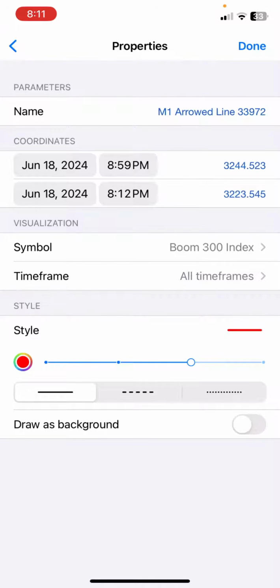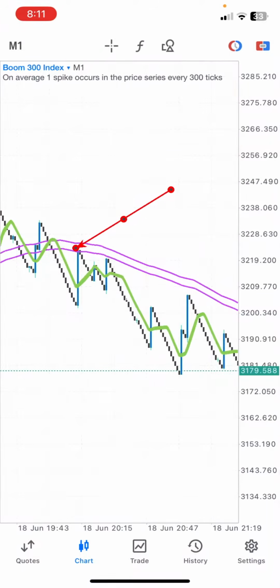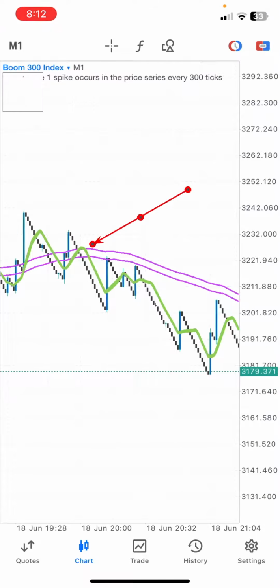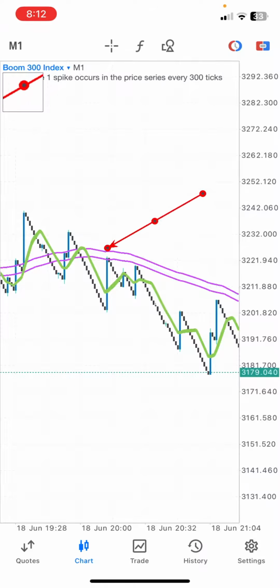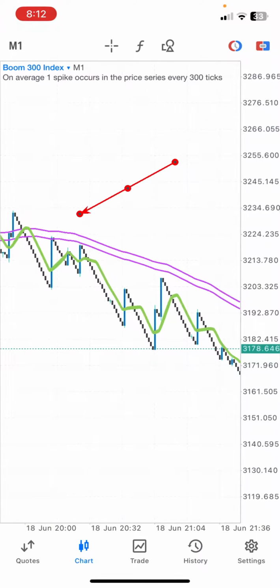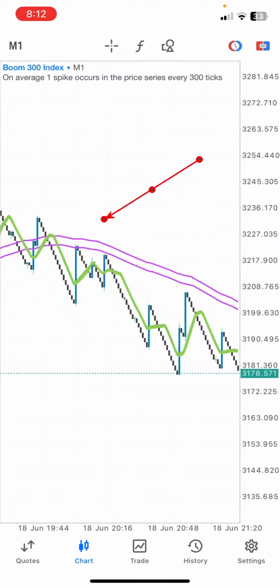You have to make sure that you see the price moving below the moving averages, which means the 2 moving averages are above the price, and the price is below the 2 moving averages. When the price is below the 2 moving averages, that is when we are going to be expecting to scalp.